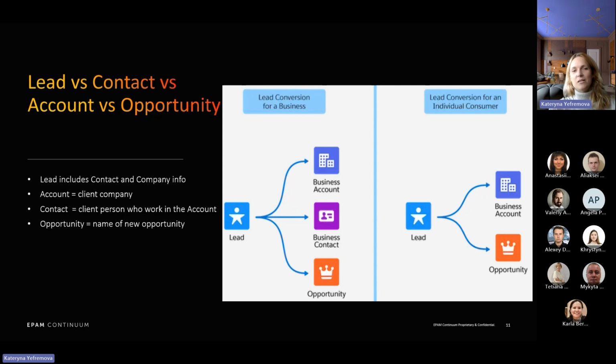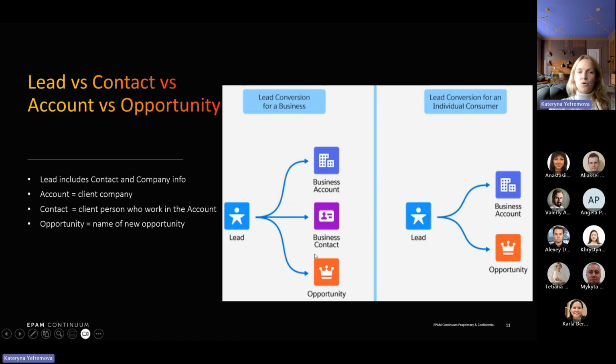Thank you. Okay, and probably I would add, sometimes we can already get a list, mostly when you work on projects. It's not every time you would work with the lead and lead generation. Sometimes you start working with accounts, contacts, and opportunities. So please understand, when we say account, usually it's a company, but sometimes it could be one person who holds the whole company.